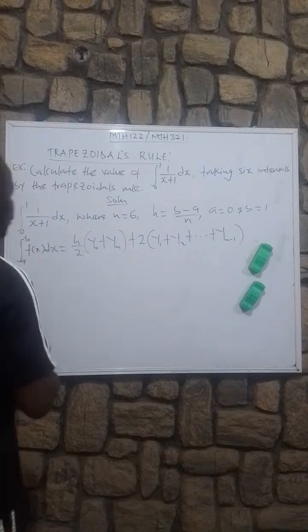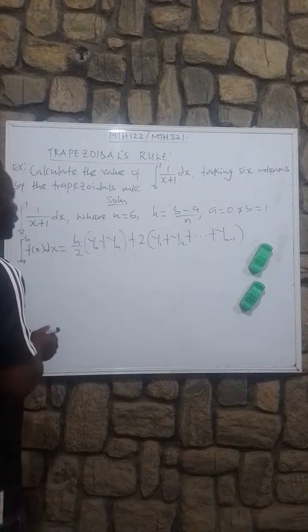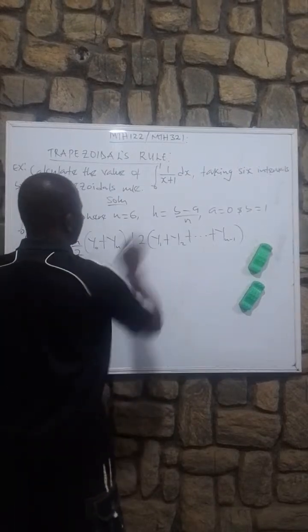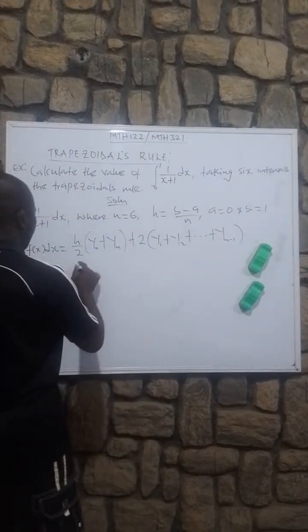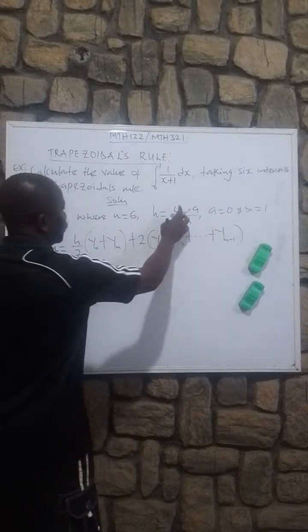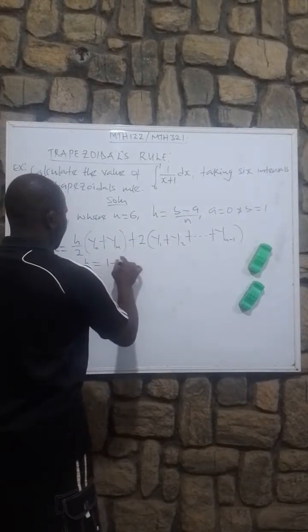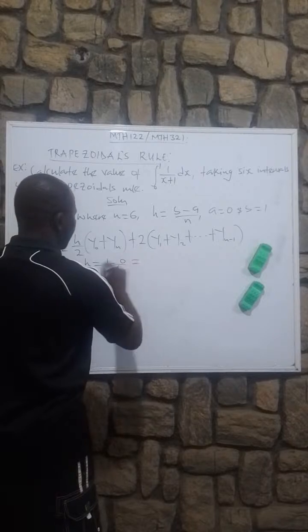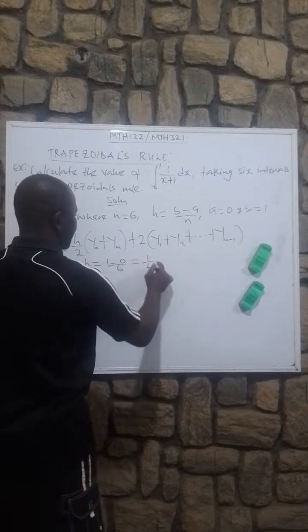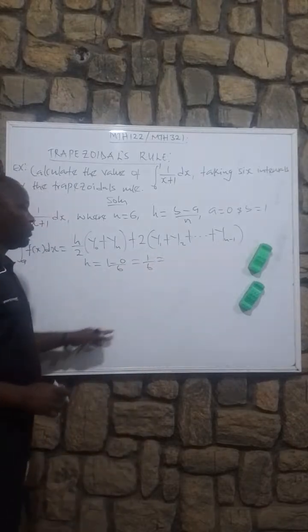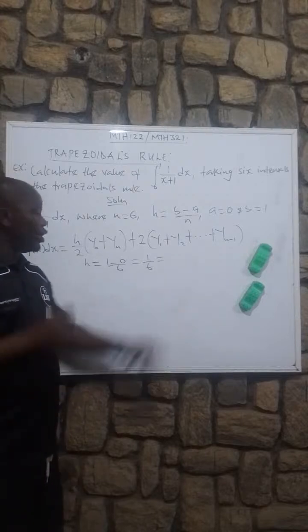So let us obtain our h. It means our h will be b, which is 1, minus 0, all over 6. This is equal to 1 all over 6. Then what is 1 all over 6?